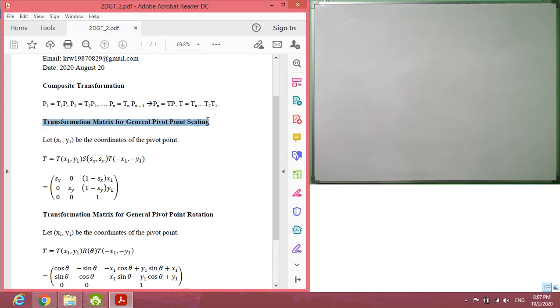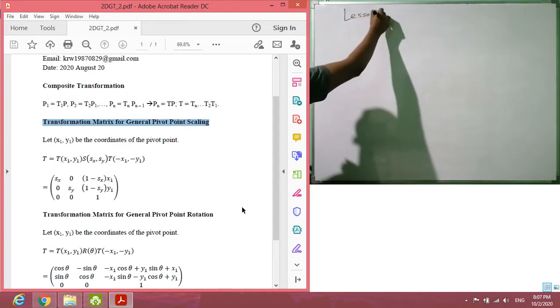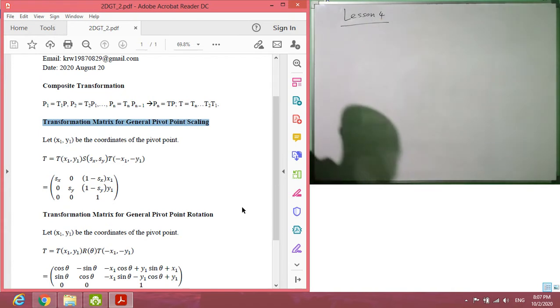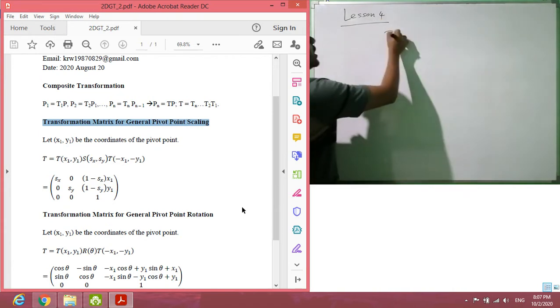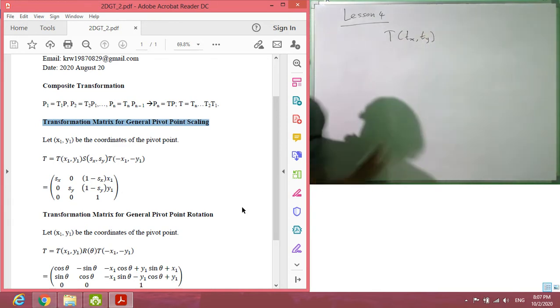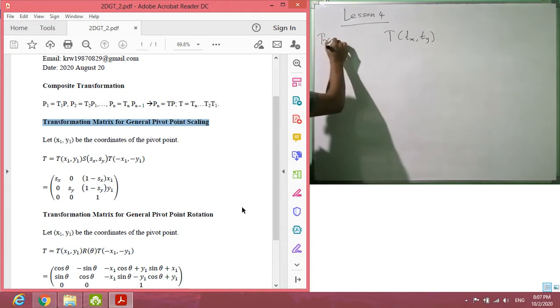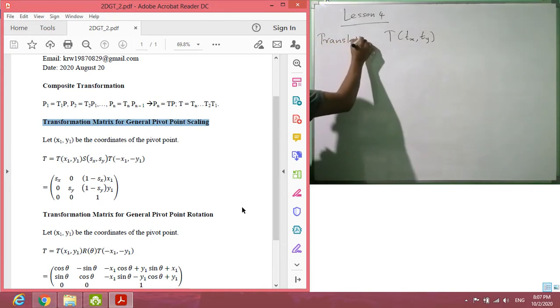First one, transformation matrix for general pivot point scaling. In our lesson number 4, we have studied Tx, Ty, a transformation matrix for translation.